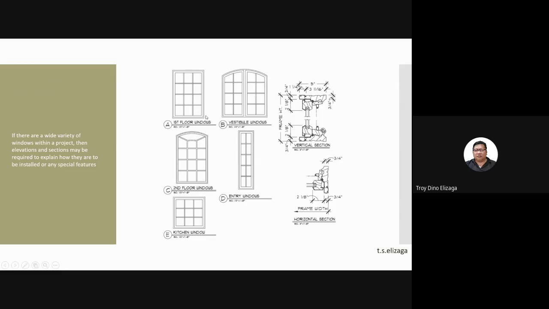Because, for example, the sill height is different inside, because the sill height would be from the sill down to the finished floor, but on the outside it's actually from the sill down to the ground, the natural ground line.